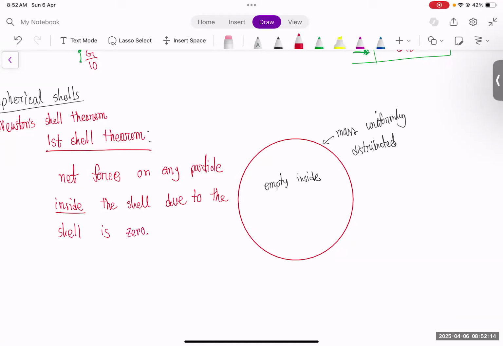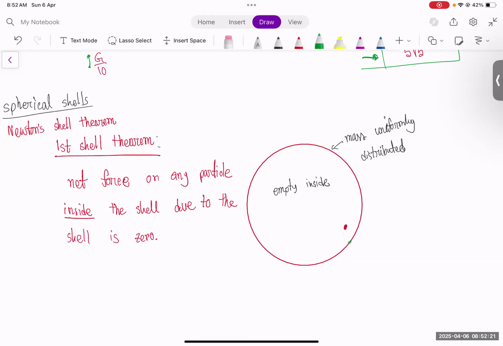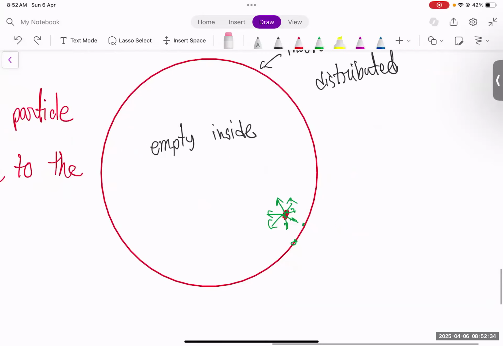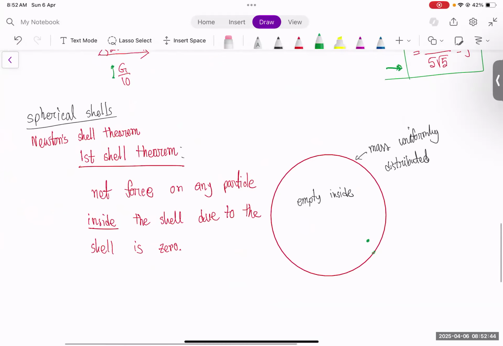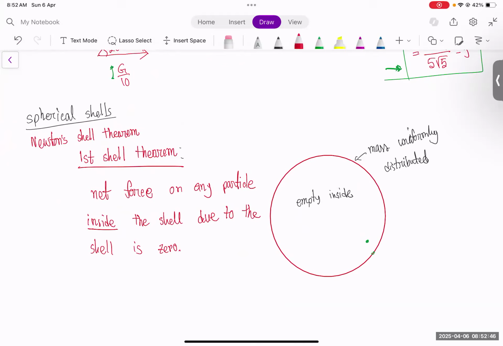সো এই শেলটা কি করবে, যে কোনো অবজেক্ট তুমি যদি এখানে একটা পার্টিকেল দেখো এর সাথে গ্র্যাভিটেশনালি ইন্টারঅ্যাক্ট করবে, এই শেলের প্রত্যেকটা পয়েন্ট থেকে অ্যাট্রাক্ট করবে, প্রত্যেকটা পয়েন্ট এভাবে একে অ্যাট্রাক্ট করবে। এন্ড আমরা কি বলতেছি যে if the mass of the shell is uniformly distributed, then the net force on a particle inside the shell is always 0.